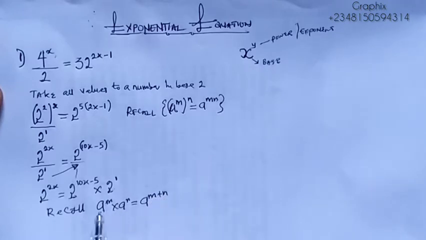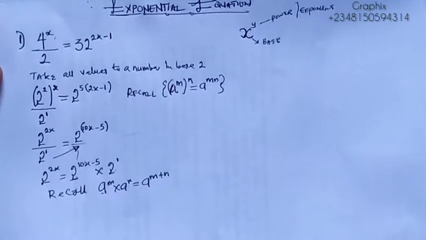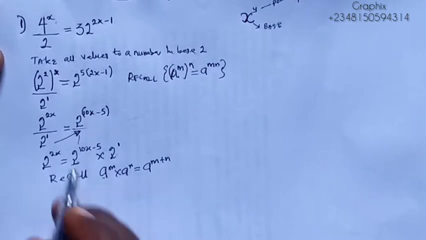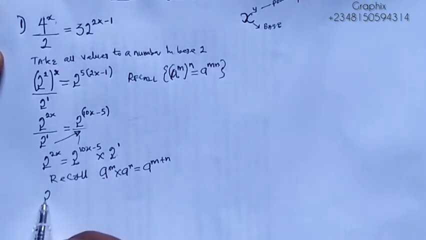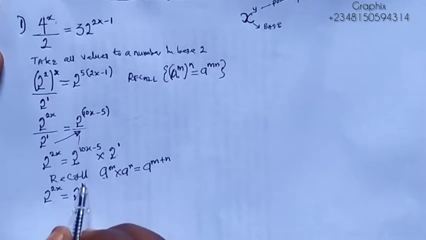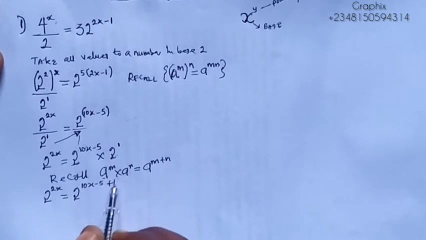When you have the same base multiplying each other, you add the powers. So I'll have 2 raised to the power of 2x equals 2 raised to the power of 10x minus 5 plus 1. You add this with this.